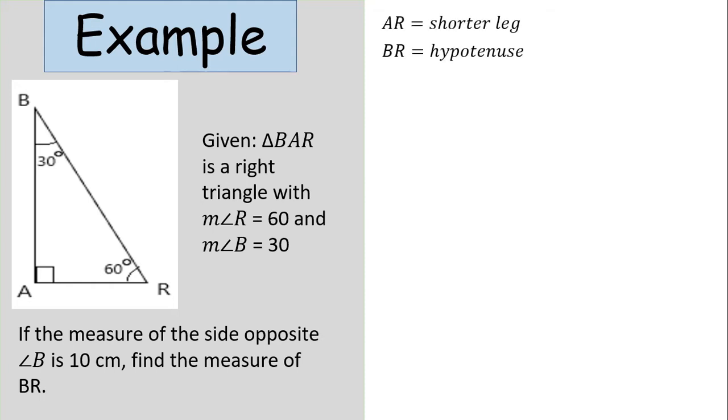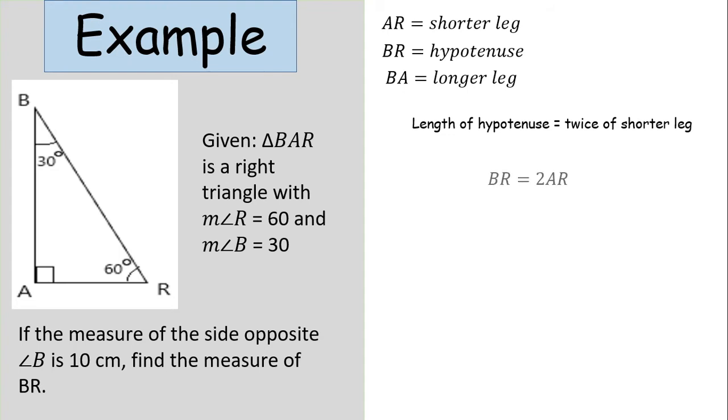So, AR natin is the shorter leg, BR is the hypotenuse, and BA is the longer leg. Length ng ating hypotenuse is equal to twice ng ating shorter leg. So, BR is equal to 2 times 10. Times 2 nyo lang, kasi twice eh. So, our BR is equal to 20.